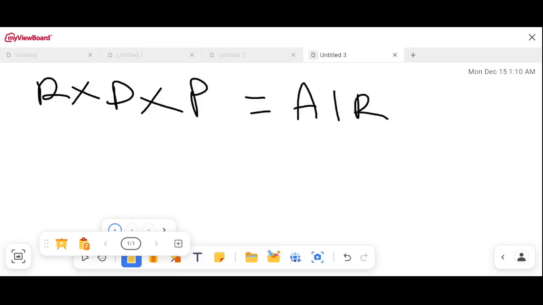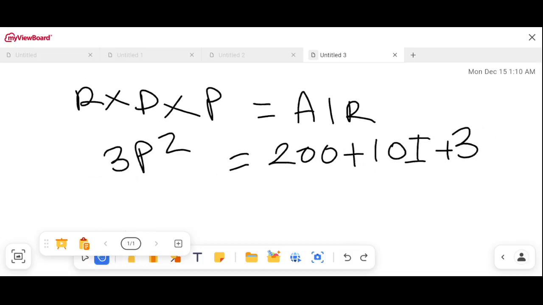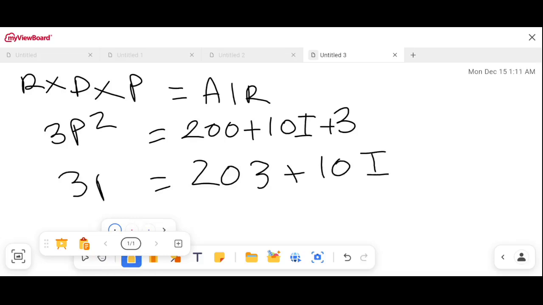So we can write this as 3p squared, since r is equal to 3, and this would become 200 plus 10i plus 3. Now this would become 203 plus 10i equals 3p squared.